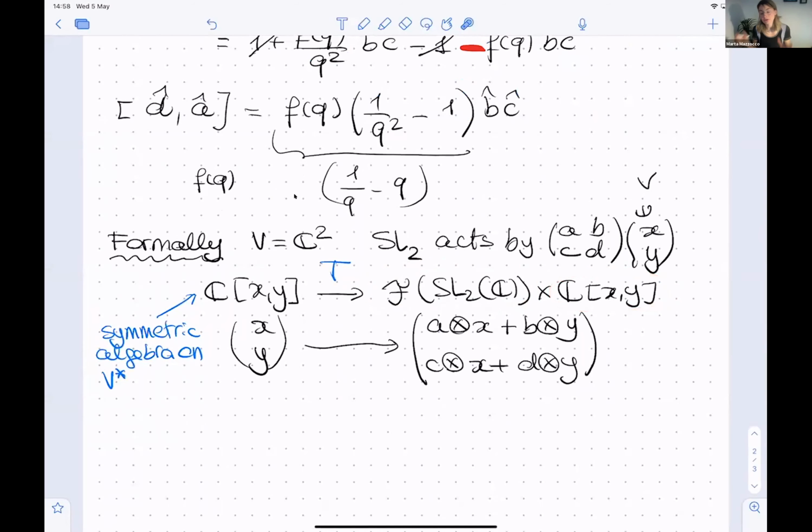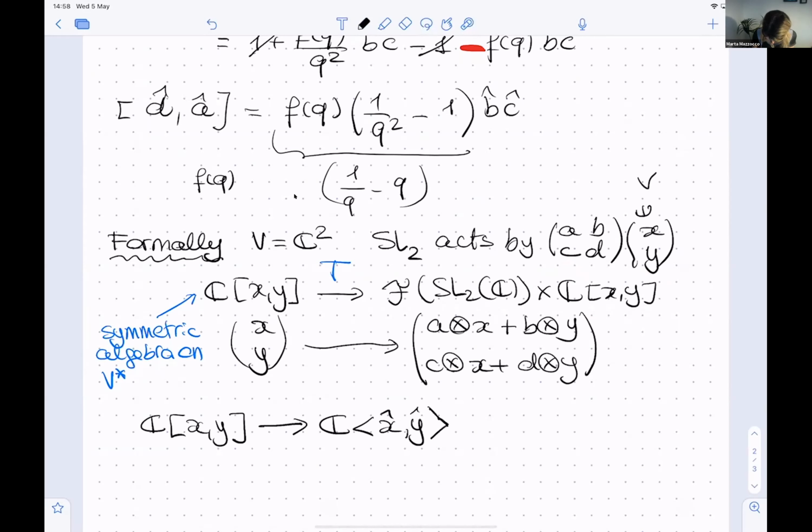So the deformation of the space of functions is dictated by the deformation of the space of polynomials of two variables. So first of all, we deform the space of polynomials in two variables into simply something like this. Okay, this means that x times y is exactly what I was doing before, q y x.